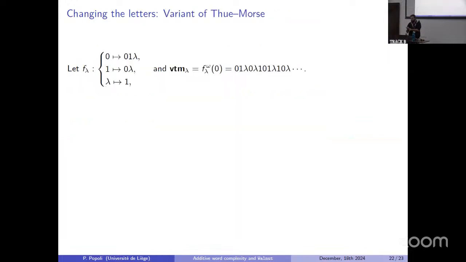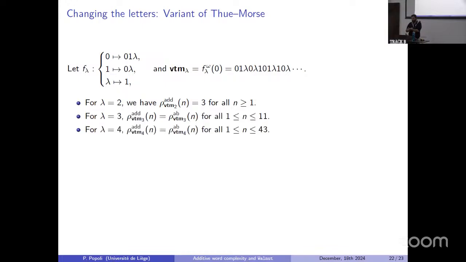We also changed the value for the variant of the tremors word. So this was the word with the very simple additive complexity. And so for lambda equal 2, we change only one letter here. So we have a very simple additive complexity. For lambda equals 3 and 4, it follows the abelian complexity up to the first value.